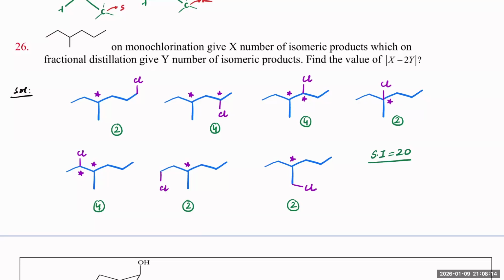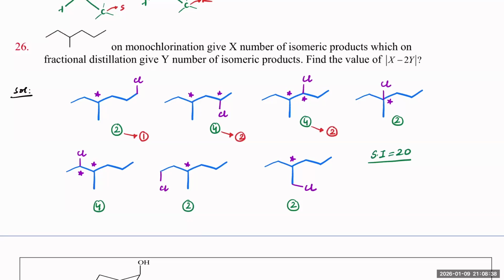Everyone clear? Now you know that by fractional distillation we cannot separate enantiomers. So out of these two here, only one can come out as a fraction. Out of four, I can get two. Here, out of four, I can get only two fractions because enantiomers cannot be separated.